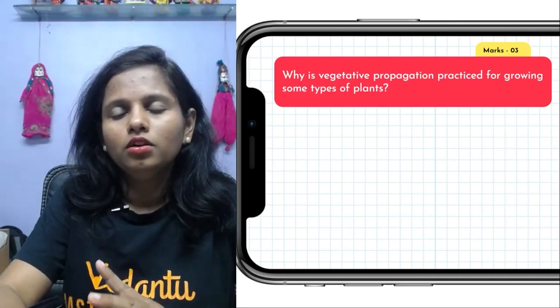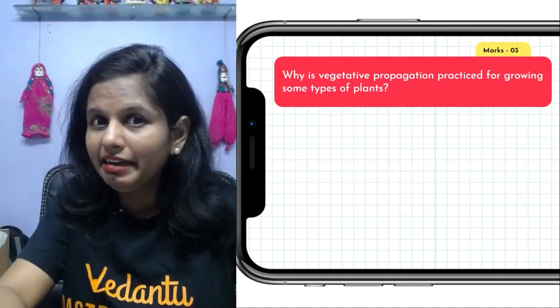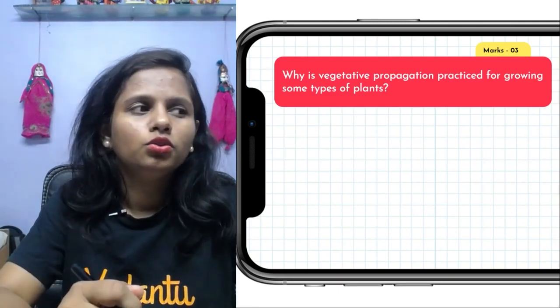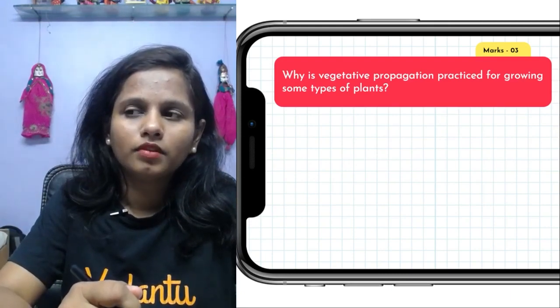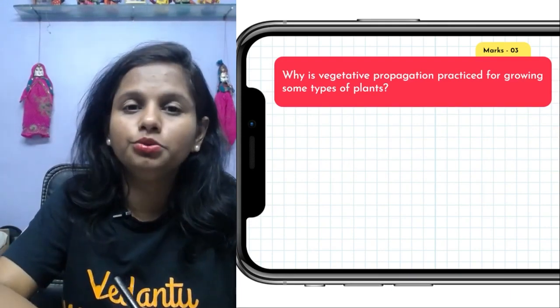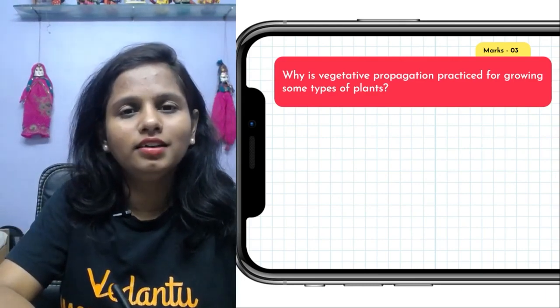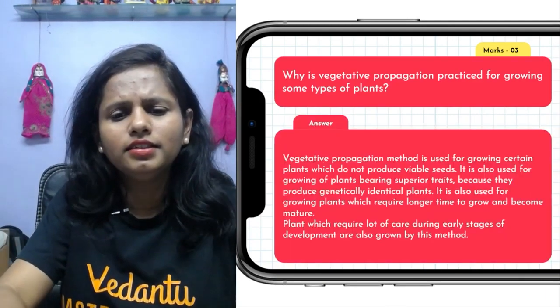Second, to produce plants which are genetically similar, identical plants. Third, to produce plants which mature within a very short duration, so that they produce flowers and fruits at an early age. These are three different reasons, and there are many more.